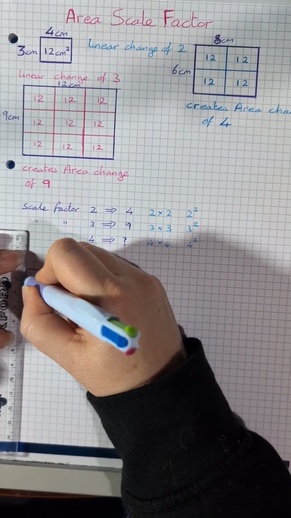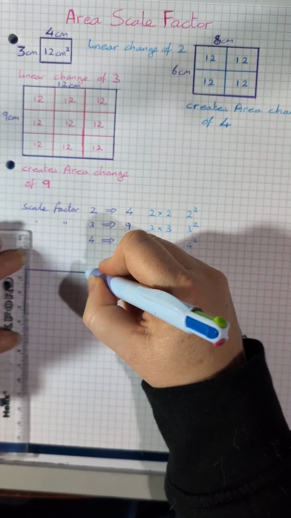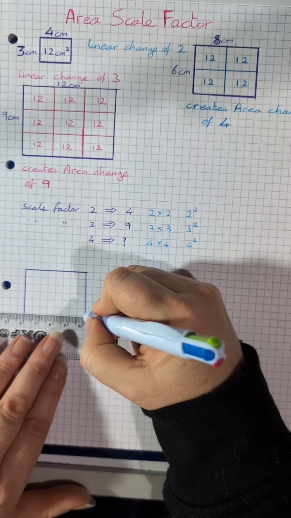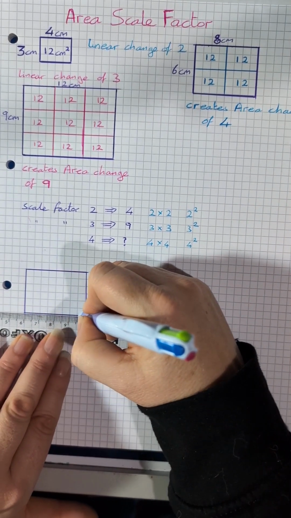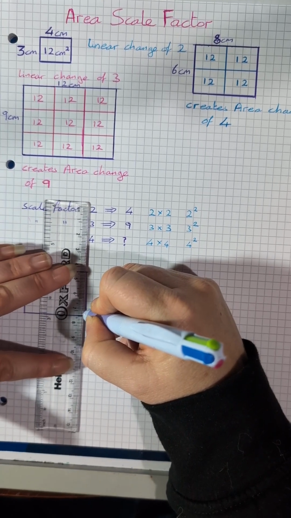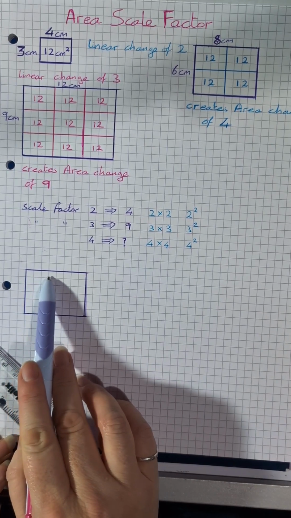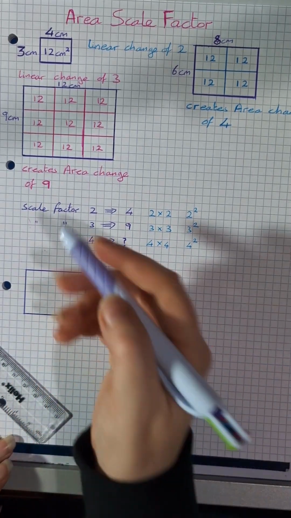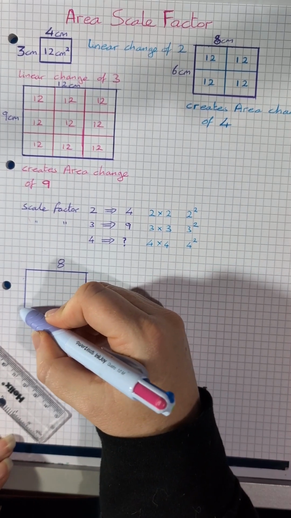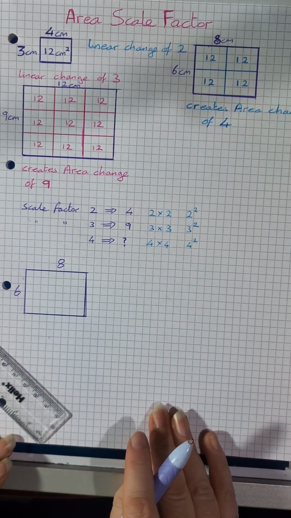Here we go. This one has sides 1, 2, 3, 4, 5, 6, 7, 8. And 1, 2, 3, 4, 5, 6. I'm not going to put units in this time.